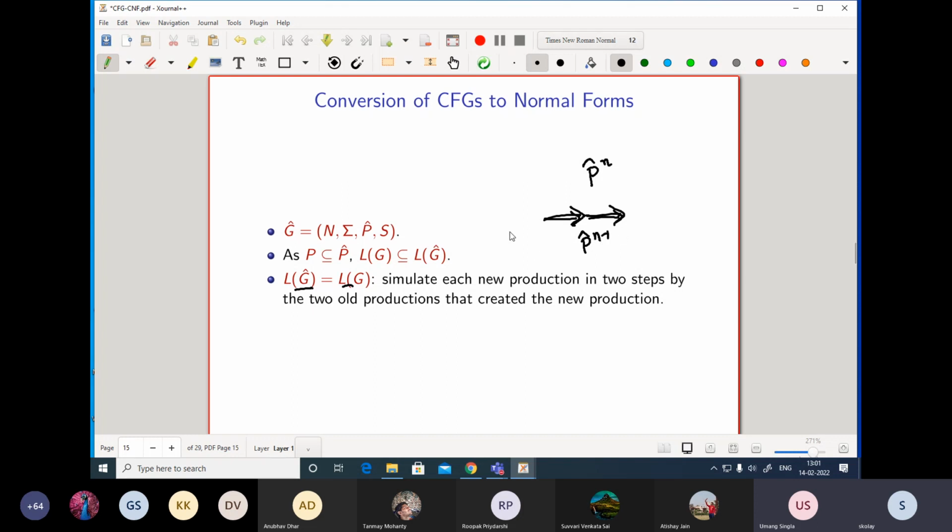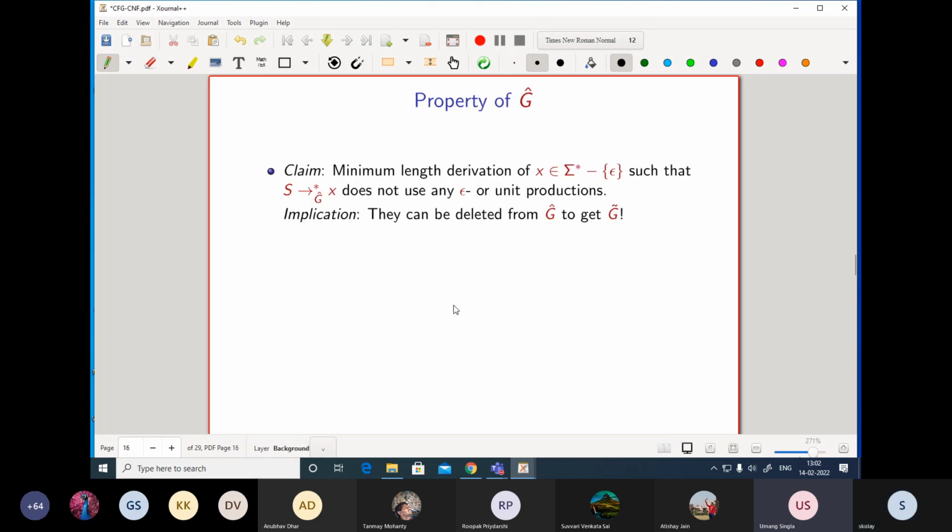Similarly, that would mean a set of productions up to P. You can pull them back up to productions in P. But these are only finitely many. So whatever is derived in L(G hat), you can derive using the productions of P itself. Therefore, L(G hat) is equal to L(G).